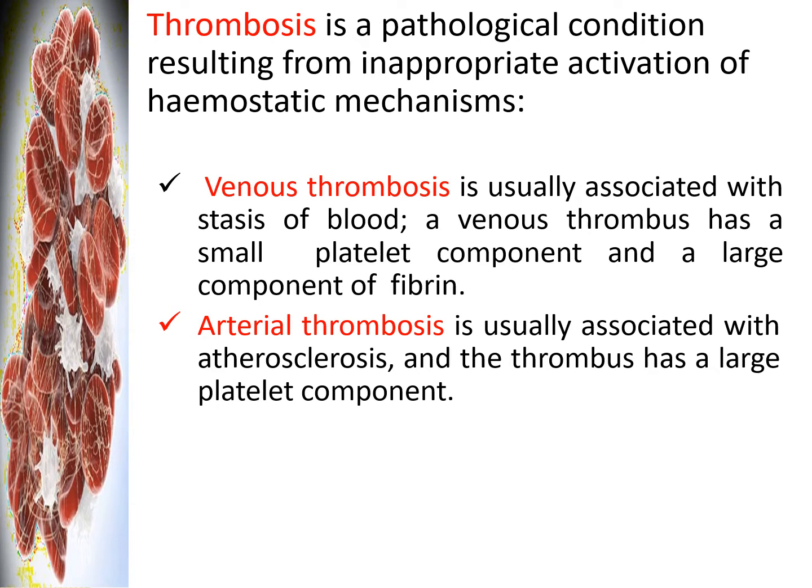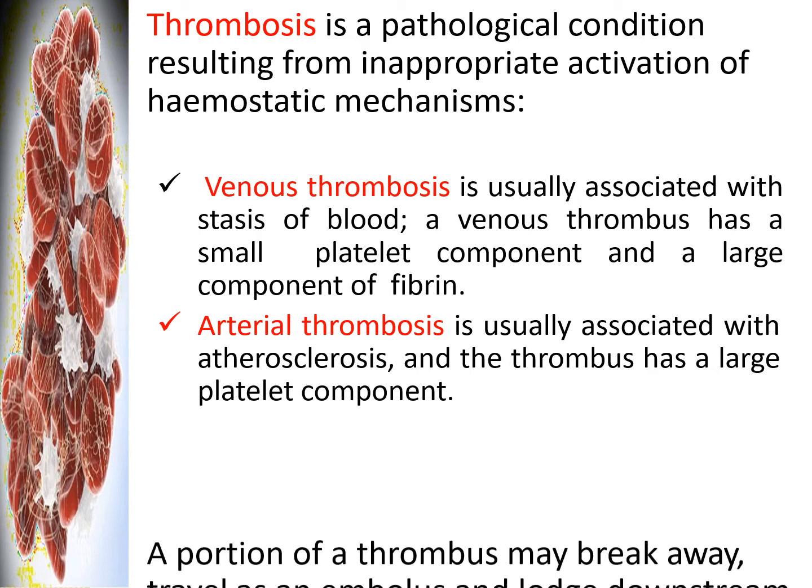So what is the difference between venous thrombosis and arterial thrombosis? Here the large platelet component is there, and in venous a small platelet component is there. So the basic difference is the component of the platelet, small in venous and large in arterial thrombosis.